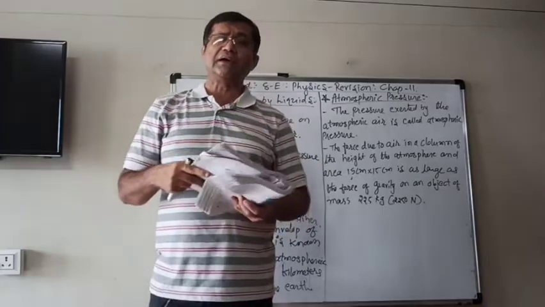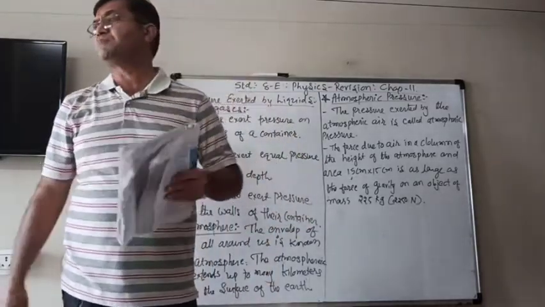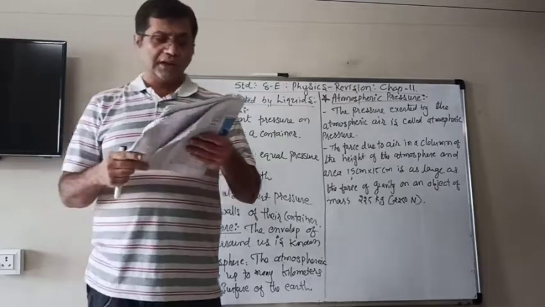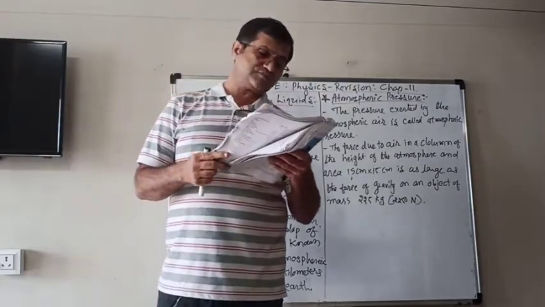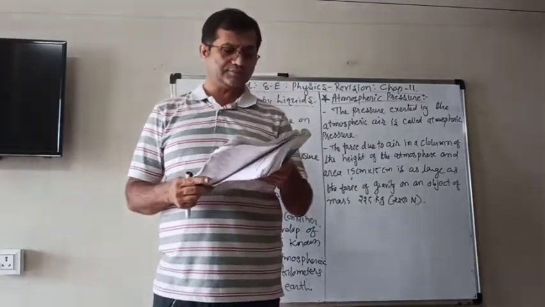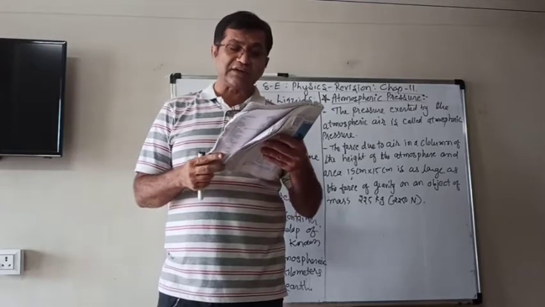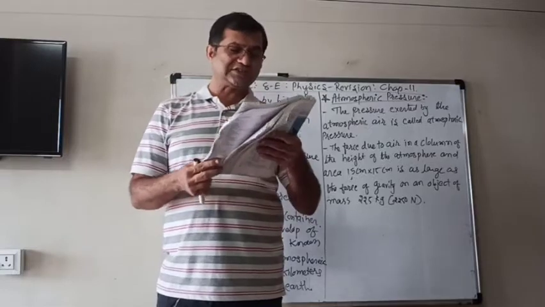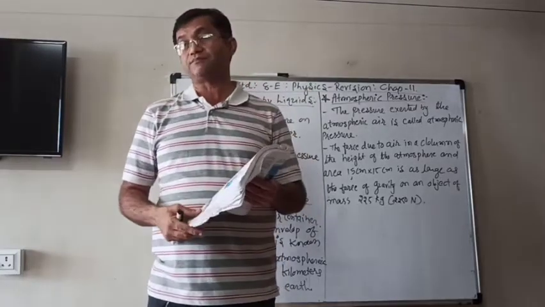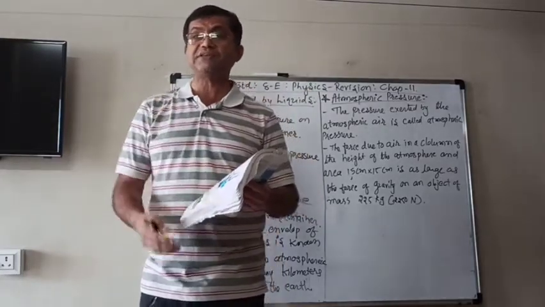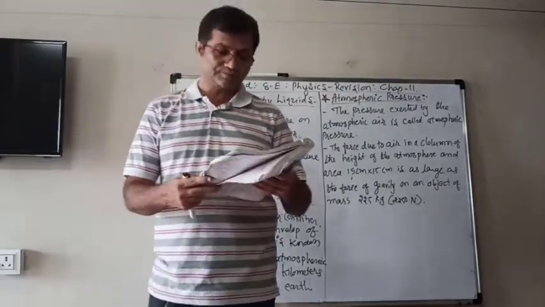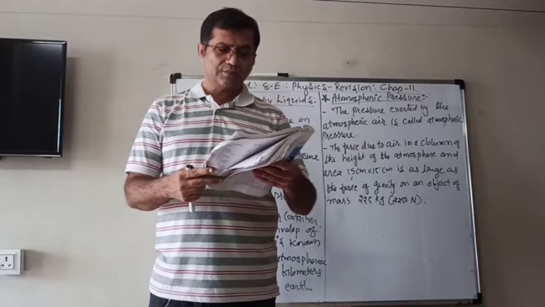Now, to explain how big is that force, the scientist Otto von Guericke, in the 17th century, invented a pump to extract air out of a vessel. So by using that pump you can take out the air to get vacuum. What did he do?